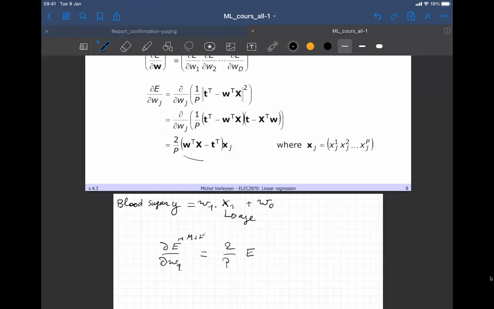Technically this is the error vector, a vector that has the error on my first sample, on my second sample, on my third sample. Dot the feature 1, so this would be x1 for each of my samples. You need concise notation: this is the first example, the second example, the third example.